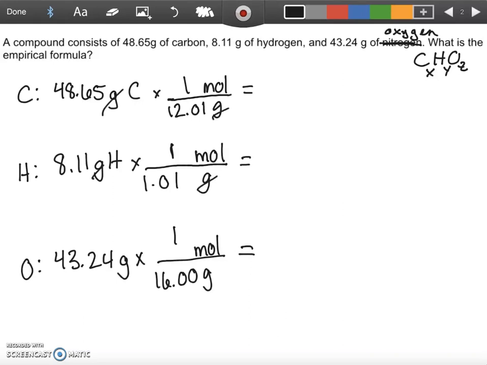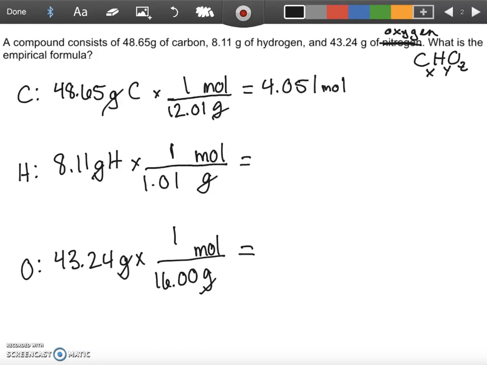Make sure you're paying attention to your significant figures. We have 48.65 times 1 divided by 12.01. Oops, I typed that in wrong. 48.65 divided by 12.01. That's going to be 4.051 moles, to 4 significant figures.